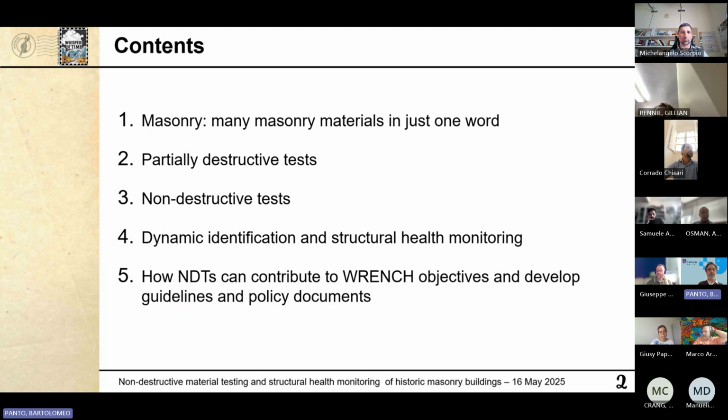So instead of the behavior of the material, we look at the entire structure and try to get information directly from it. Again, what we get from these tests is helpful to inform our numerical models, or to improve the accuracy of these models.